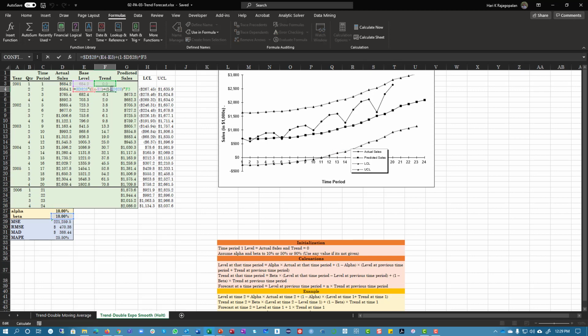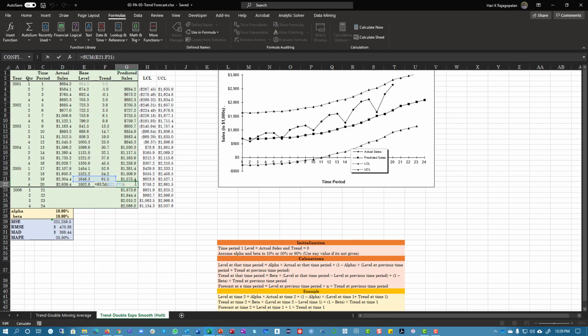Similarly, trend would be beta multiplied by the difference between your current level and your previous level. So your current level is E4 and your previous level is E3. So the difference between the two levels is your new trend, and this is your old trend. That's 1 minus beta. And once you have that, you copy it all the way down here.